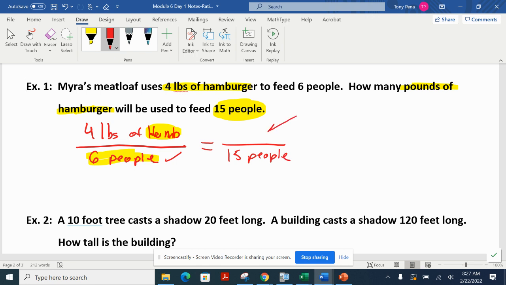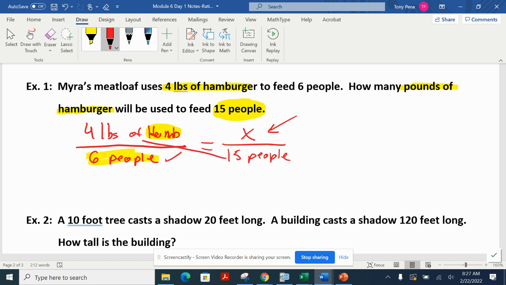Do we know how much hamburger we were supposed to use? Was that given to us? No, that's the answer to the question. That's your variable. That's what we are trying to find. So since x is in the hamburger spot, when we solve this proportion, this will tell us how many pounds of hamburger we would need.